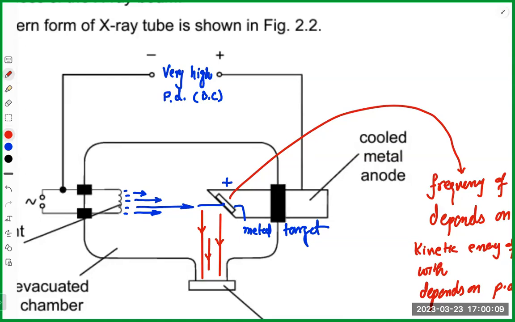The overall change of kinetic energy only depends on the potential difference between the cathode and anode. I'm talking about the very high potential difference DC on the top of the diagram. That will control the kinetic energy of the electron. If we have a high potential difference, there will be more kinetic energy. If we have less potential difference, there will be less kinetic energy.